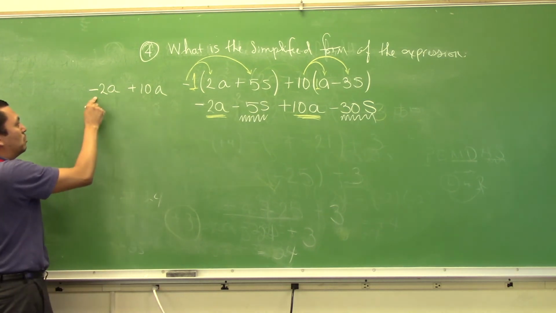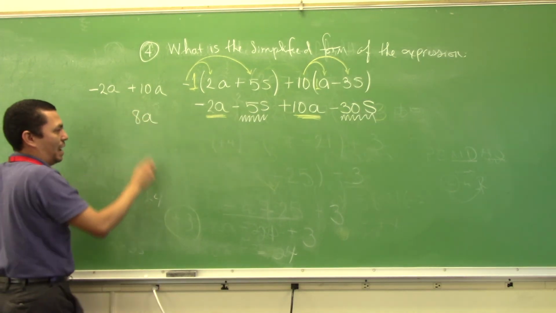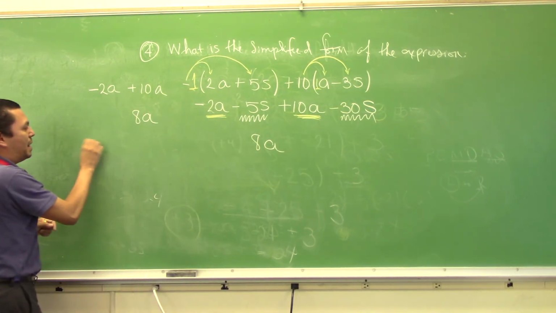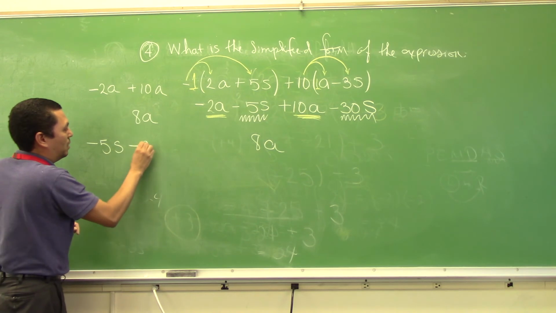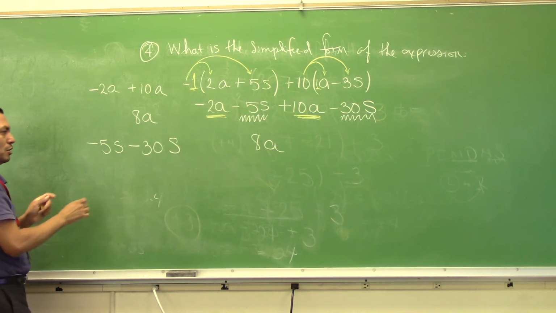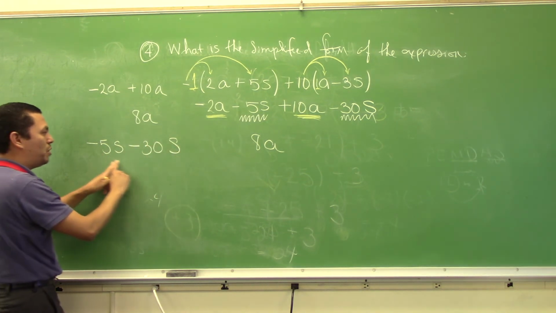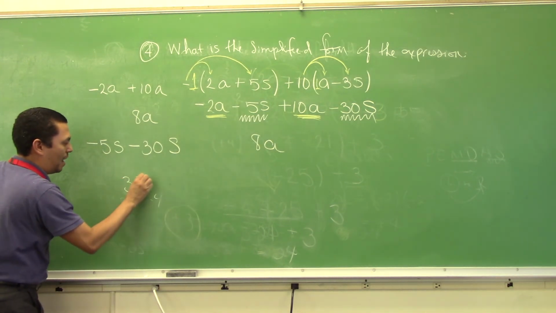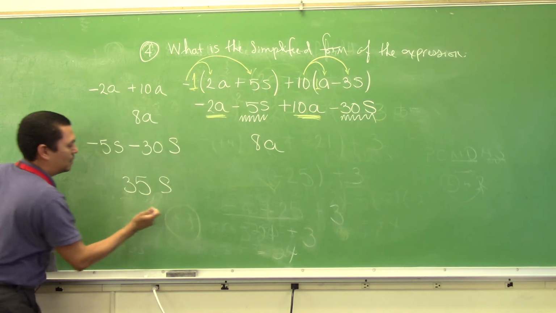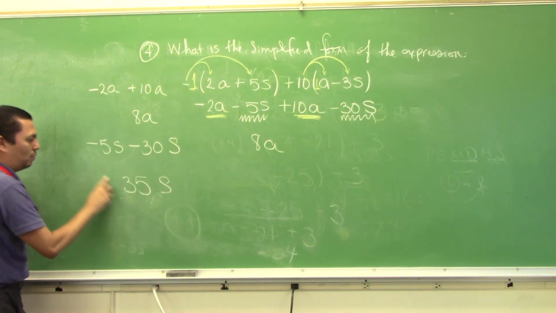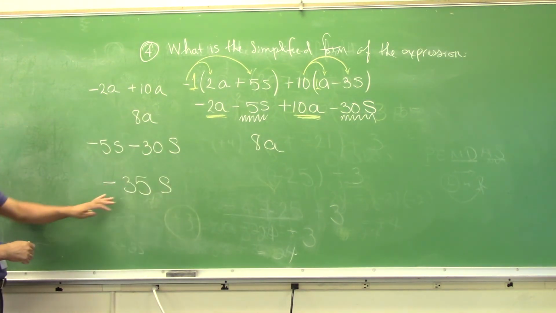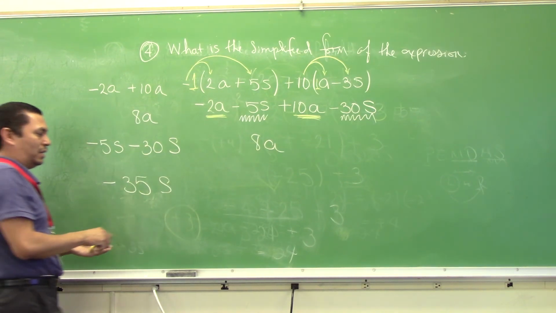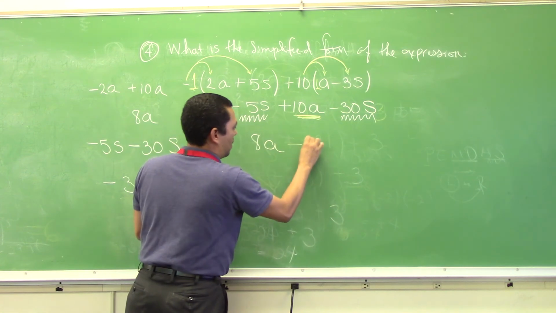So I have 10 minus 2 equals 8, so I have 8a. And then you have negative 5s minus 30s. So I have the addition of two negative numbers. So we add the absolute values. So I have 35s. And we just write the negative in front of the number. Because both are negative, my solution is going to be negative. So minus 35s.